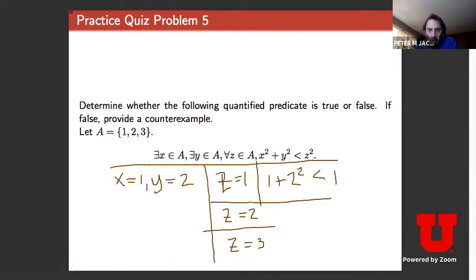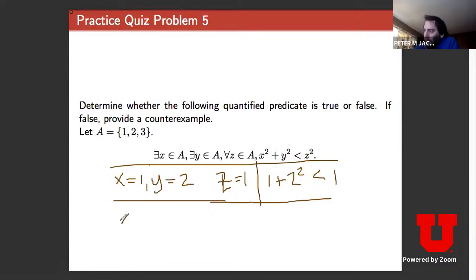Let me erase a little bit of this, but not all of it. Okay, so let's try another pair here: x equal to 1 and y equal to 1. Maybe that'll work for z equal to 1.